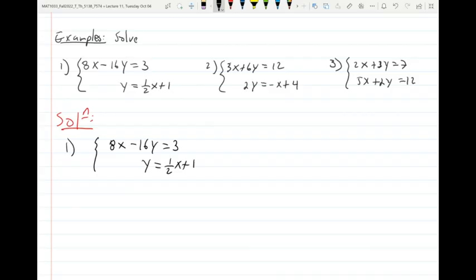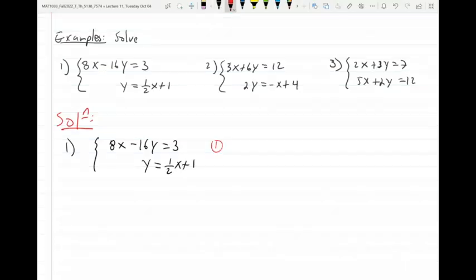So what variable do you think we should replace? Y, because by looking at the second equation we already know that y equals this expression. So we're going to take this and put it in here, and then we only have x's.